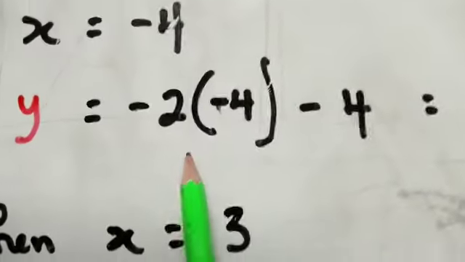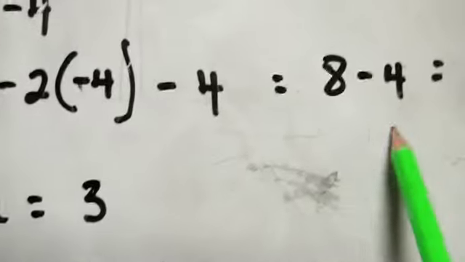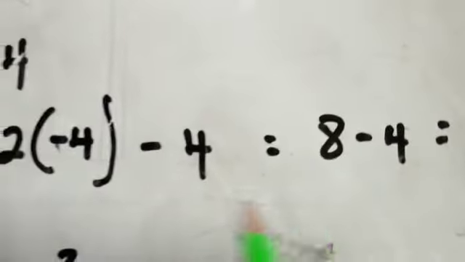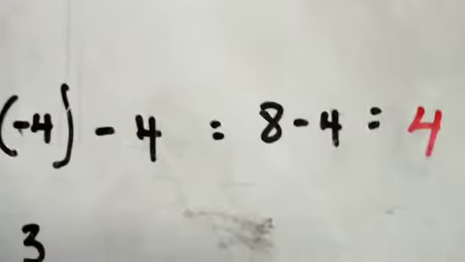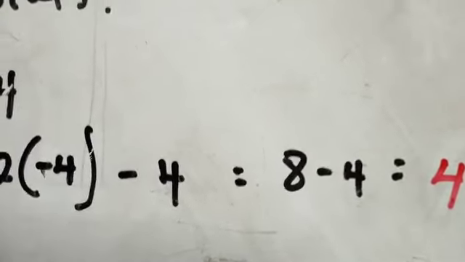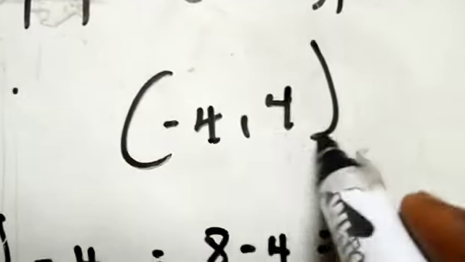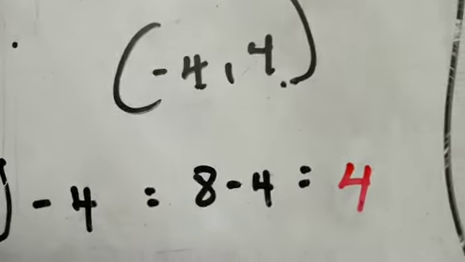That gives me y equal to -2 into bracket -4 minus 4. That should be 8 minus 4, which is equal to 4. So when you go with -4, you are taking home 4. So the point should be (-4, 4), right?